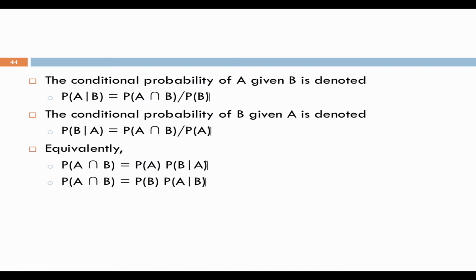It means the probability of A intersect B equals, you move this part right here, the product of A happening conditional on B and then multiplied by the probability of B.